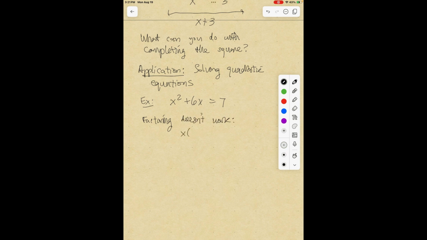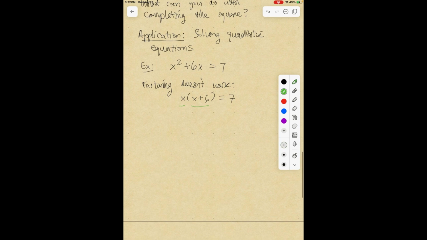Because if you factored x times x plus 6 equals 7, now you have two numbers, x and x plus 6, and one of them has to be 6 more than the other, and you get 7. And you see it's hard to come up with what x is. There's no step you can do here easily to just figure out what x is.